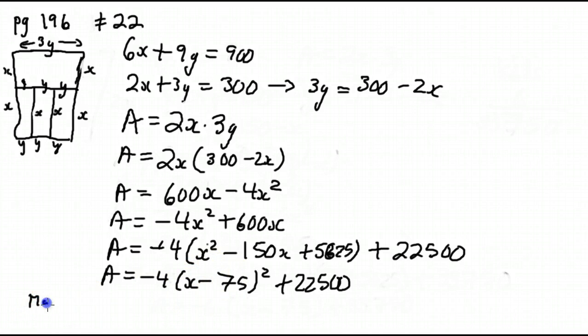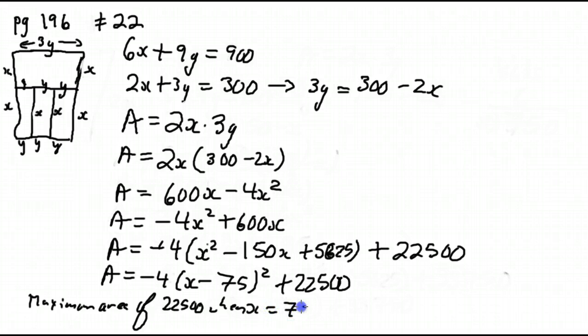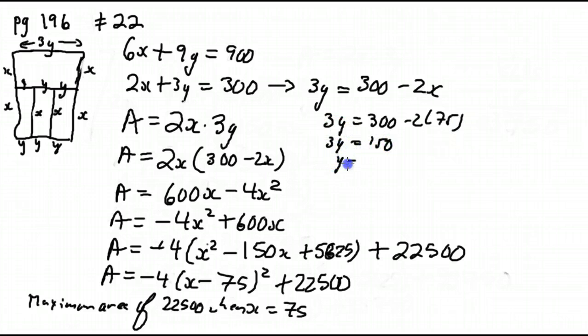So a maximum area of 22,500 when x equals 75, which means y, let's go back up here, 3y is 300 minus 2 times 75. 3y is 150, y is equal to 50.